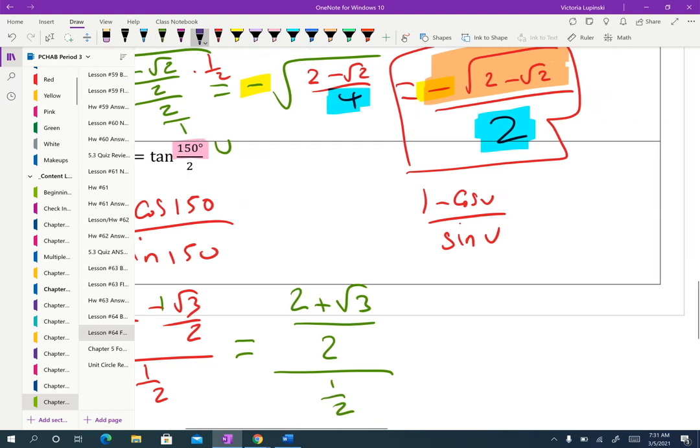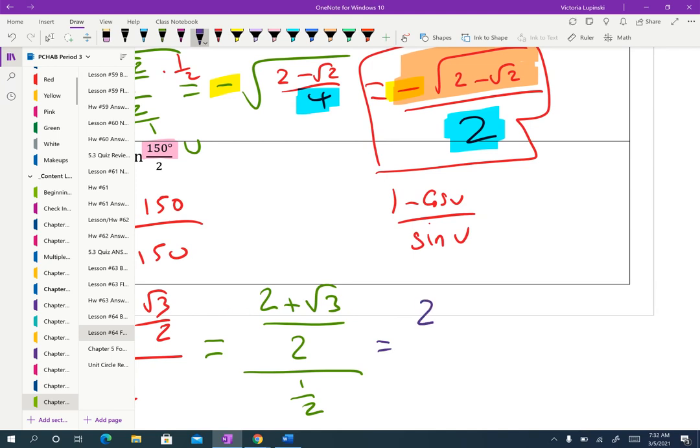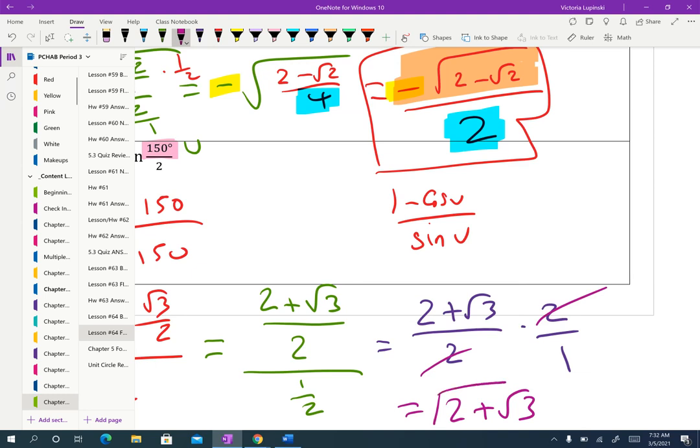The final step is to do the keep change flip. So if I do that, I get 2 plus radical 3 over 2 times 2 over 1. Lucky for me, those 2's are going to cancel, and I'm going to wind up with just an answer of 2 plus radical 3.